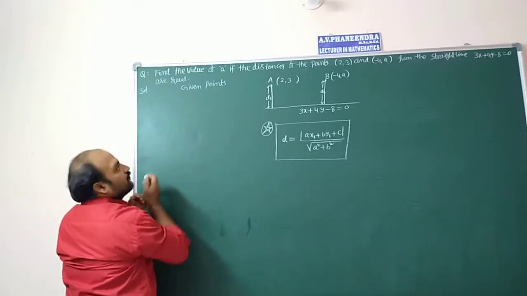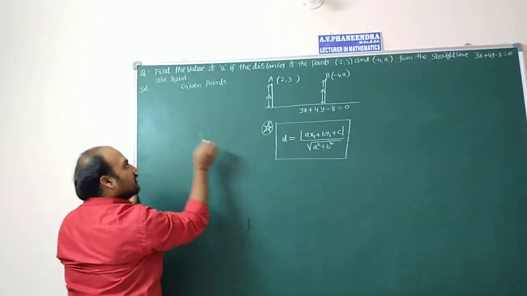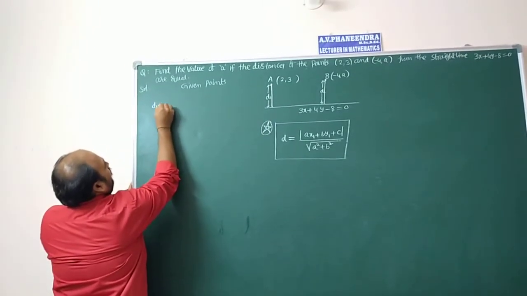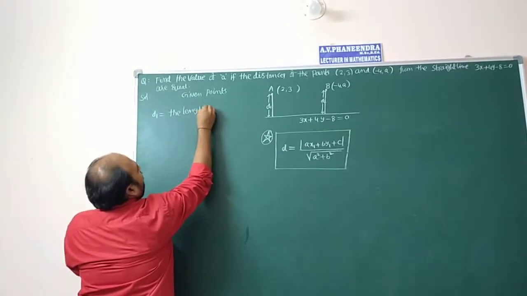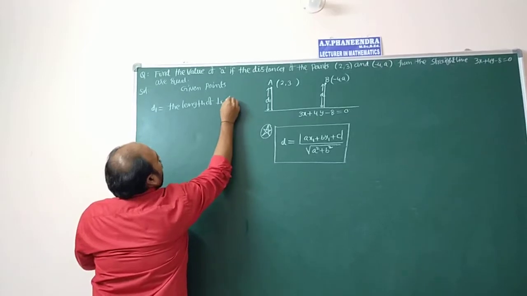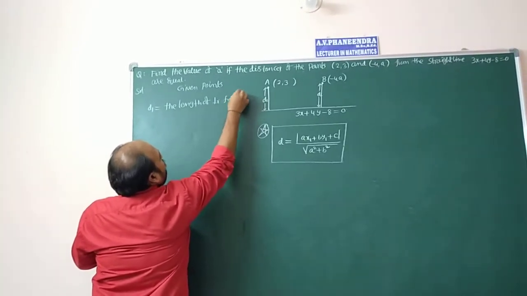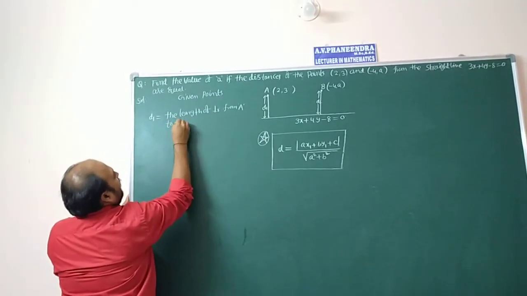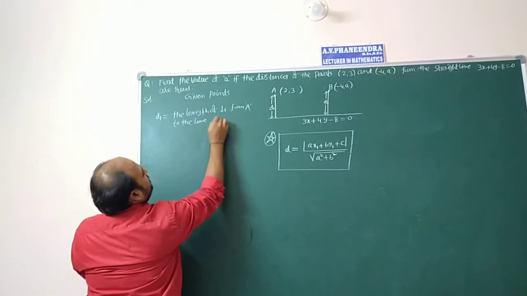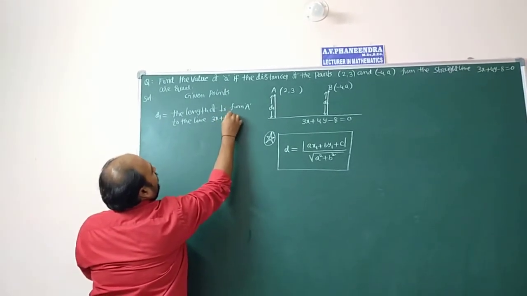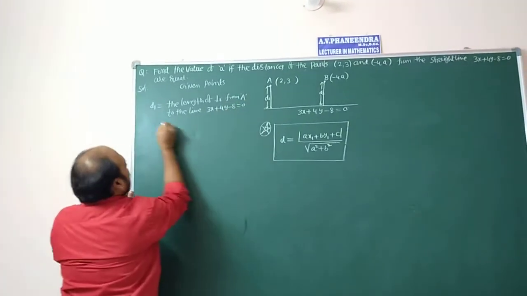So first, given points A and B is over. d1 equal to the length of perpendicular from A to the line 3x plus 4y minus 8 equal to 0.